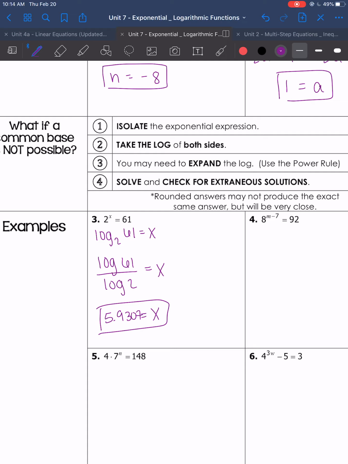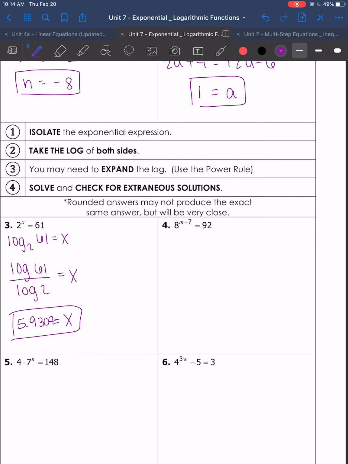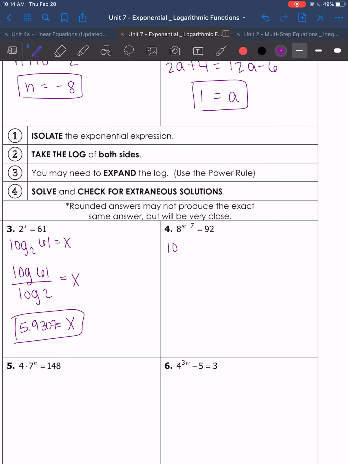So for number 4, I'm going to have log base 8 of 92 equals m minus 7. Once again, I don't know what that is, so I'm going to use my change of base formula. So log base 10 of 92 over log base 10 of 8 equals m minus 7.